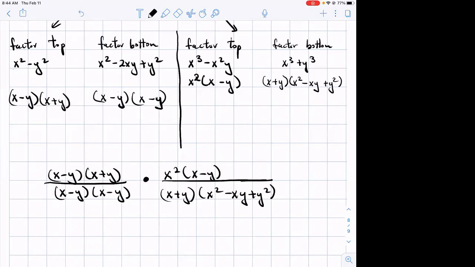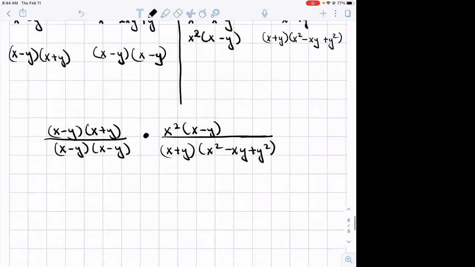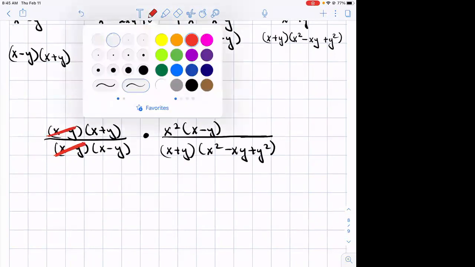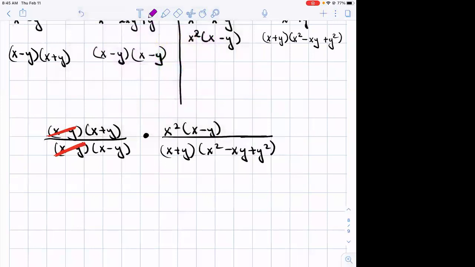Now we look for items in the top and similar items in the bottom, and we cancel. So we have an x minus y here, we have an x minus y there. So that cancels out. We only cancel one in the top with one in the bottom. Notice we also have an x plus y here and an x plus y there.